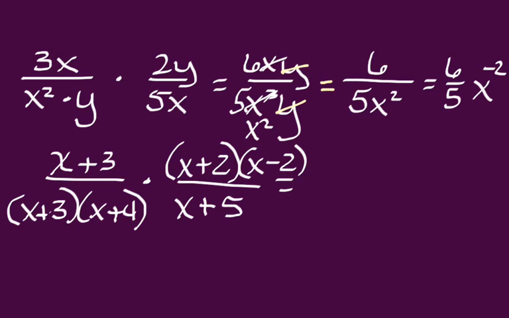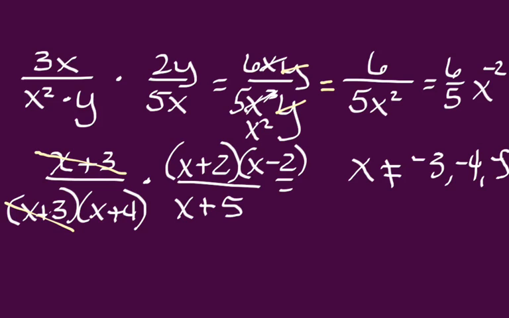And the restrictions are x cannot equal -3, -4, and -5. And now I'm going to strike out my fancy forms of 1, of which I only have 1 set. That's the only thing I can strike out.